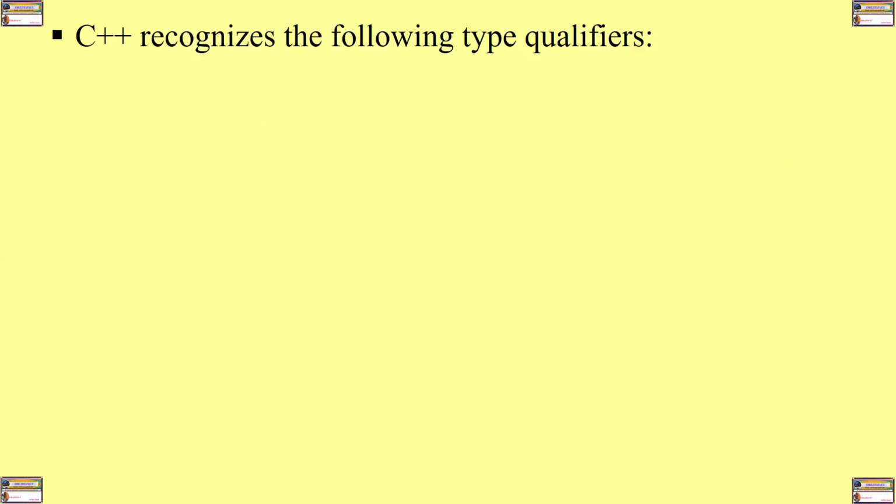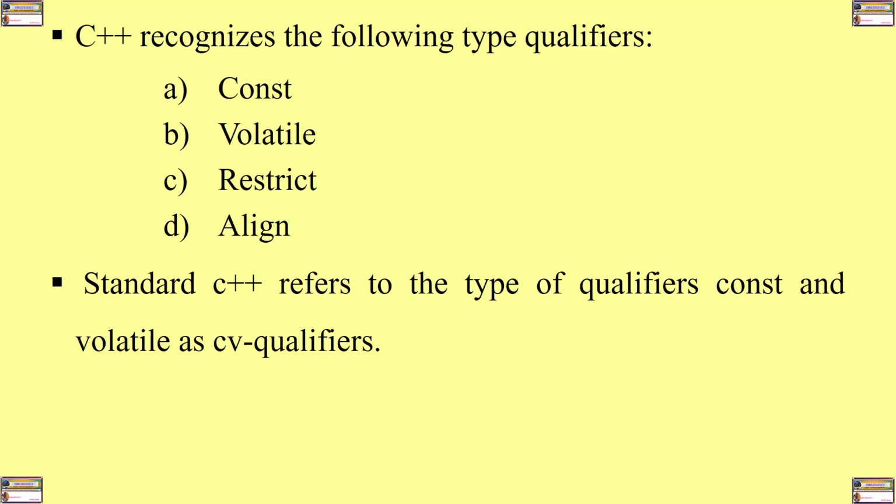C++ recognizes the following type qualifiers: const, volatile, restrict, and align. Standard C++ refers to the type qualifiers const and volatile as CV qualifiers.